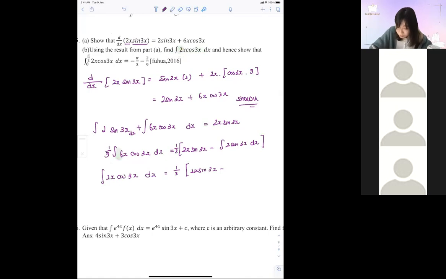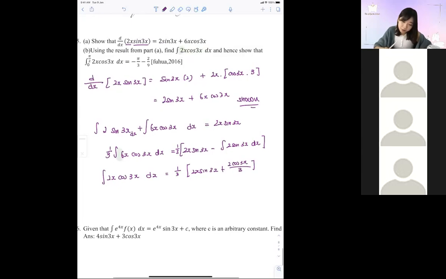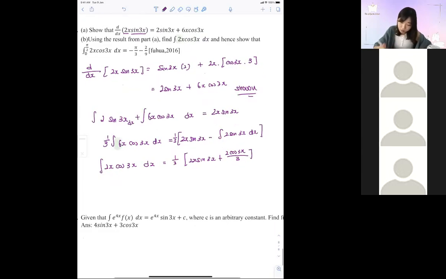Integrate of sine is minus cosine, divide by 3. Okay, then there is a number, so you put plus C first. Then they say after integrate, then hence. So now we add in the number on the integral sign.